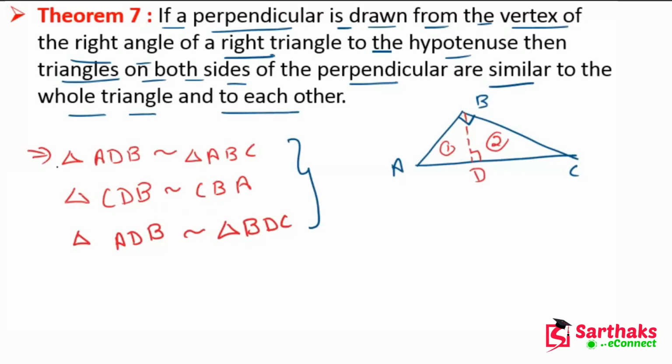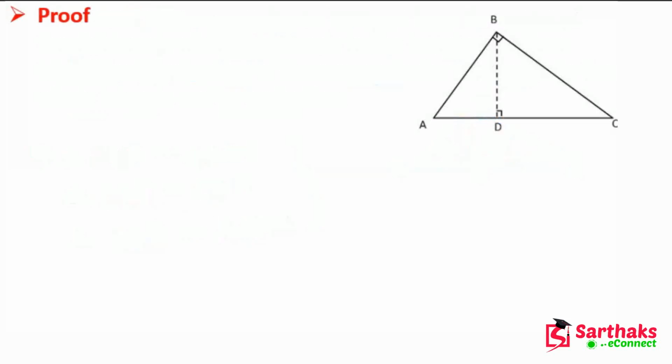First of all, we have a right angle triangle ABC, right angled at point B. I hope you get this point.